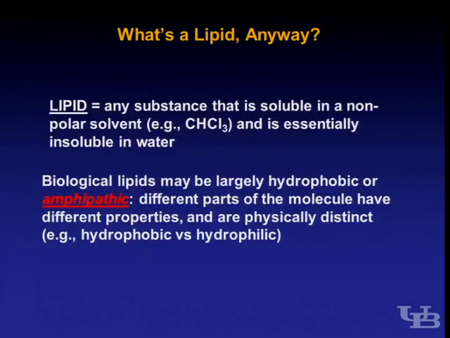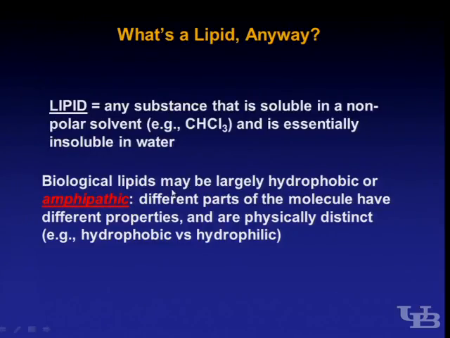In this case, we're talking about a biological lipid. A biological lipid is any substance that's soluble in a non-polar solvent and is sparingly soluble in water, much like we would say a hydrophobic amino acid, but with some important differences.